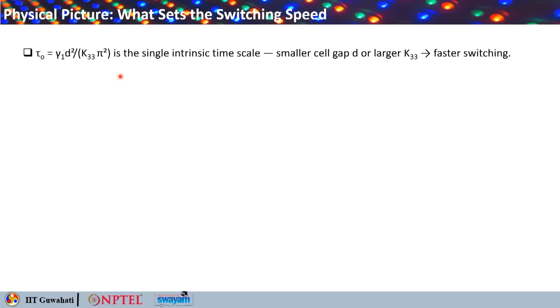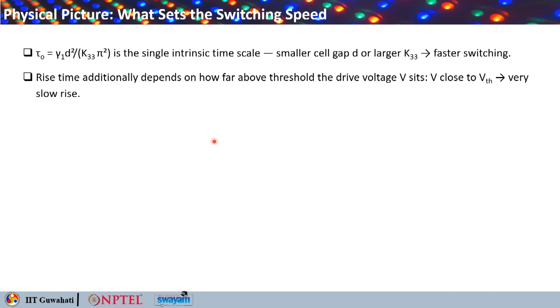Now let us have a physical picture of what sets this switching speed. We understood that tau naught is gamma 1 d squared divided by k33 pi squared. This is the single intrinsic time scale. If you have a smaller cell gap d, or a larger constant k33, you can have faster switching. The rise time additionally depends on how far above the threshold voltage V is sitting. If V is very close to VTH, then the rise is very slow.